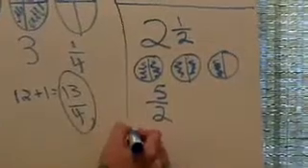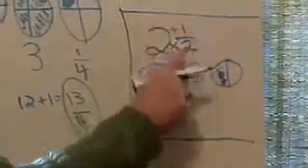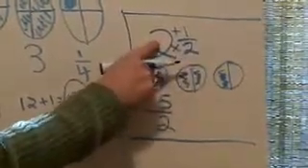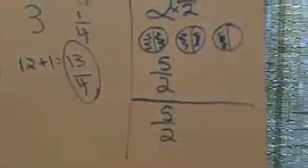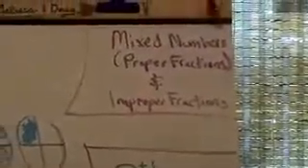And that would be my answer. And if I wanted to do it by multiplying and adding, I could do 2 times 2 is 4, plus 1 is 5, and keep the 2 the same. And that's how you change a mixed number to an improper fraction.